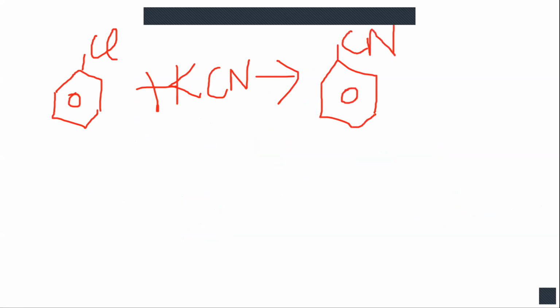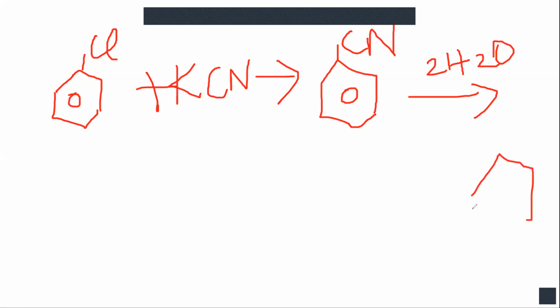Next step, the cyanide undergoes hydrolysis with 2 molecules of water and gives acid, COOH. So chlorobenzene is converted into benzoic acid. This is conversion 2.